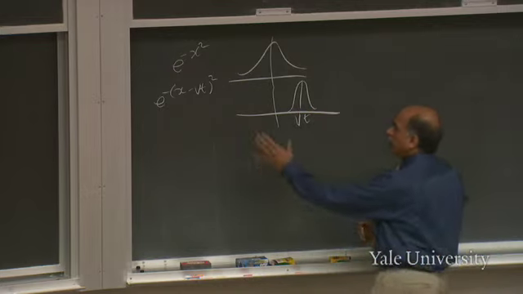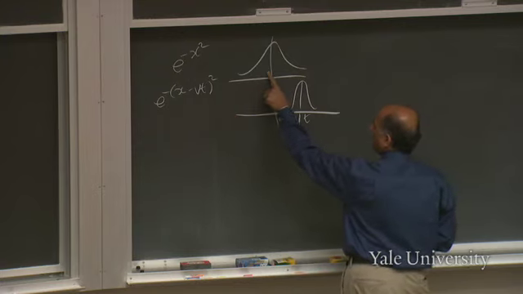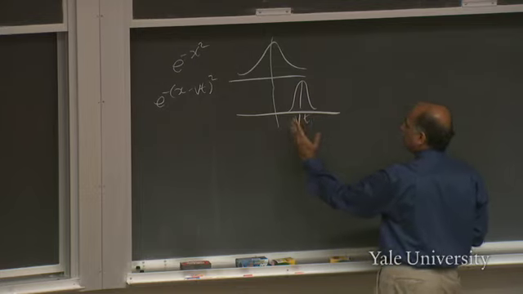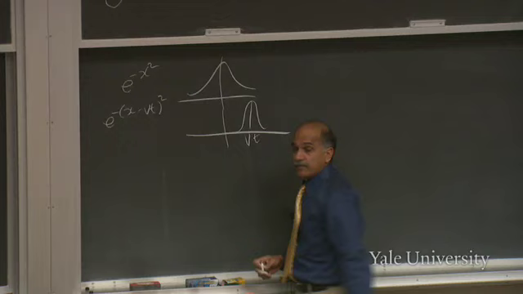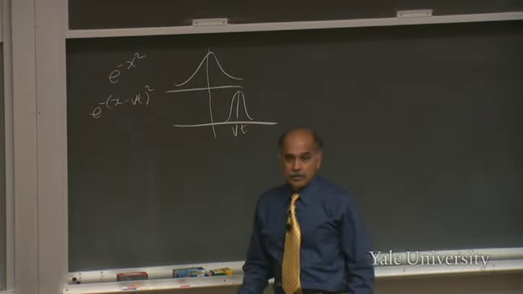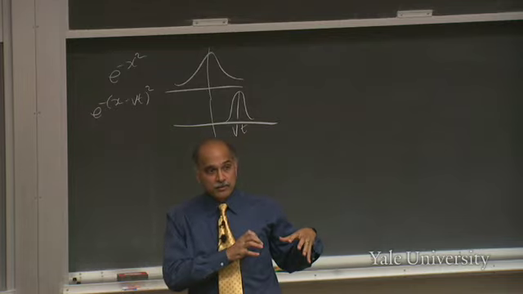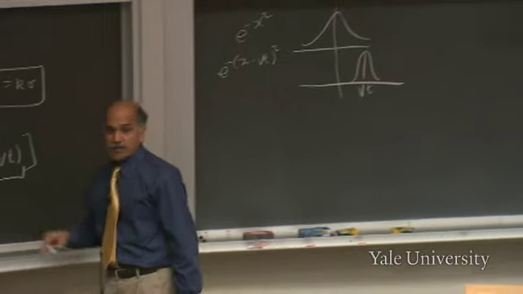So if you took the function e to the minus (x minus vt) squared, at t equal to 0 it will be here, at other times it will be here, but at every instant the bump will be moving to the right, you can see with the velocity v, because the peak is at a location vt. So in a wave, the whole profile moves with the velocity, and therefore this symbol we use here is in fact the velocity of the wave.